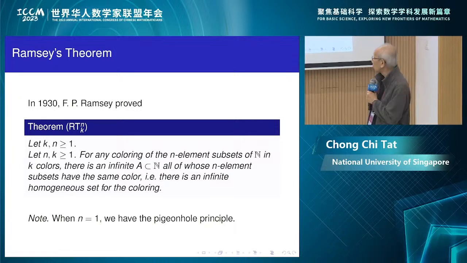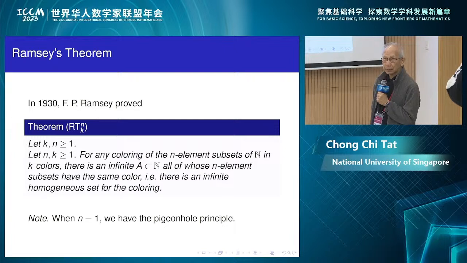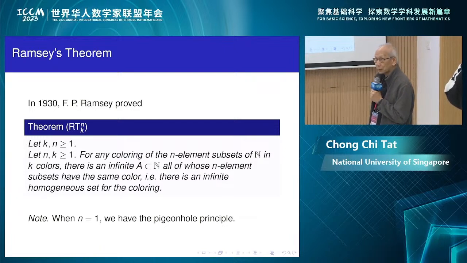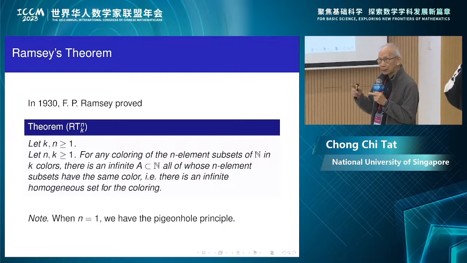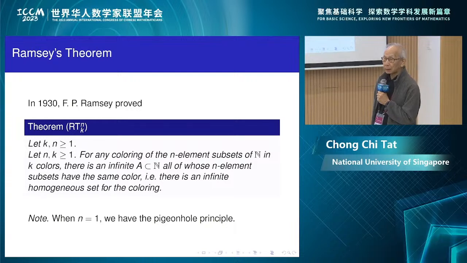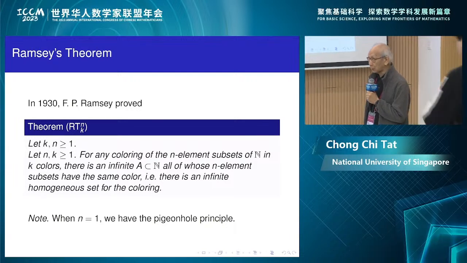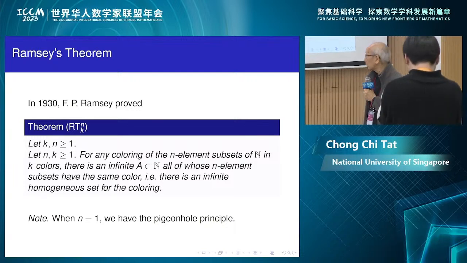So k is bigger than or equal to 1. Then the theorem says that there is an infinite subset of the set of natural numbers, all of whose n-size subsets have the same color. And that infinite subset is called a homogeneous set.